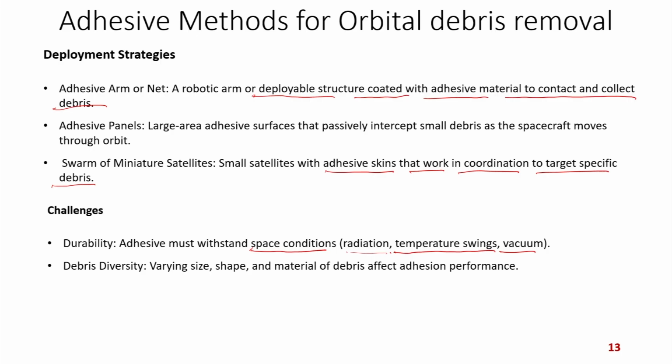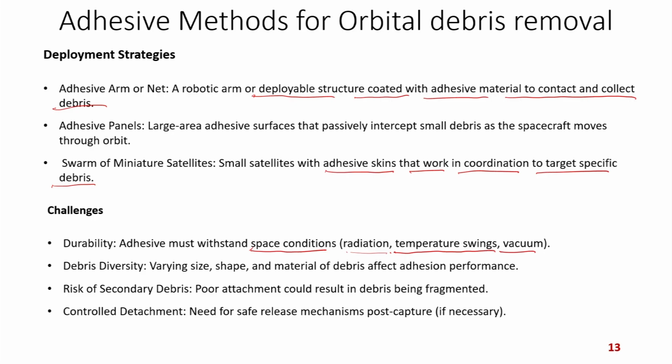And the debris diversity: varying size, shape and material of debris affect the adhesion performance. It may not work for each type of debris. There are also risks of secondary debris, as poor attachment could result in debris being fragmented. Controlled detachment: a safe release mechanism post capture may sometimes be necessary.